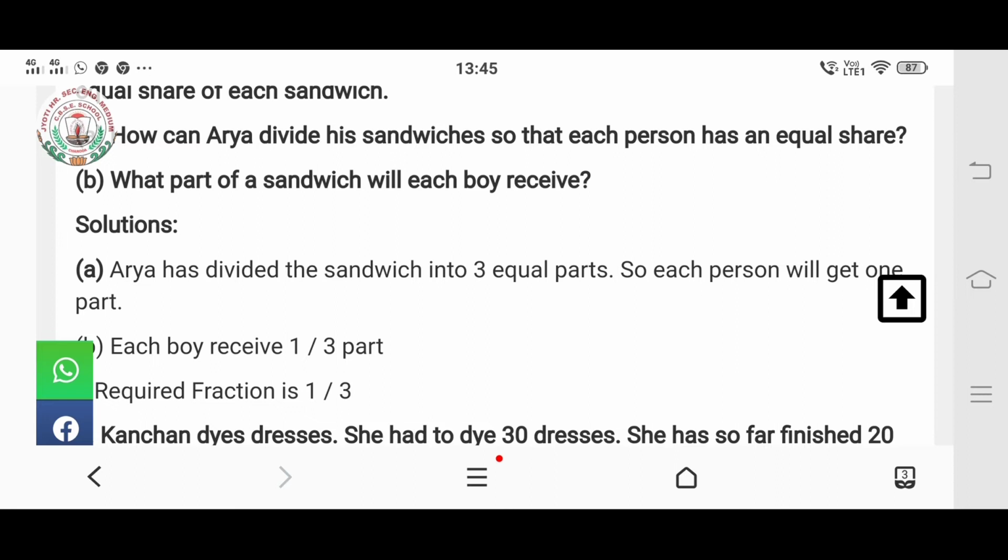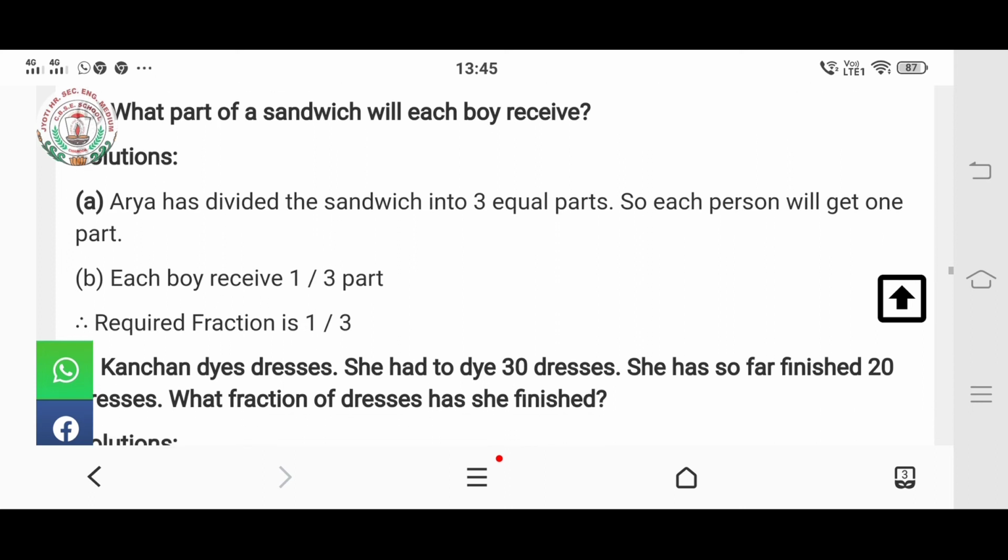Is that clear? Arya has divided the sandwich into 3 equal parts so that each person will get one part. How much part of the sandwich will each boy receive? Each boy will receive 1/3 part of the sandwich of each kind, one of vegetable and one of jam. So the required fraction is 1/3.